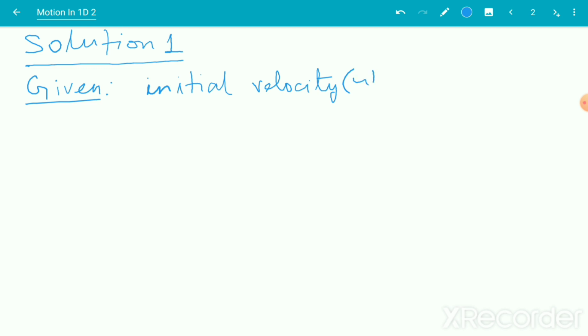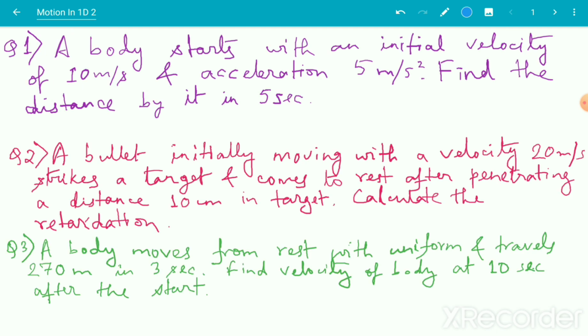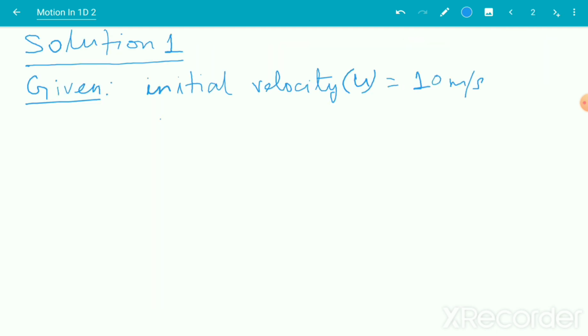So initial velocity u is equal to 10 meter per second. What else? Acceleration is 5 meter per second square, denoted by the letter a.